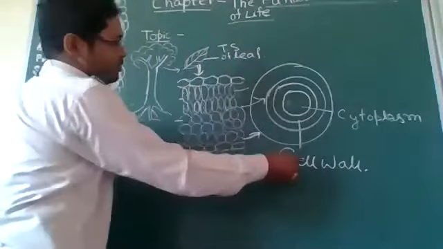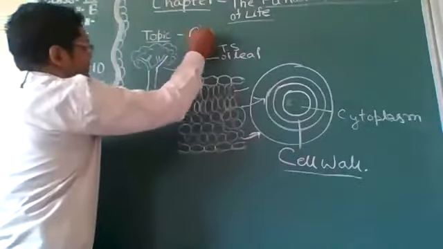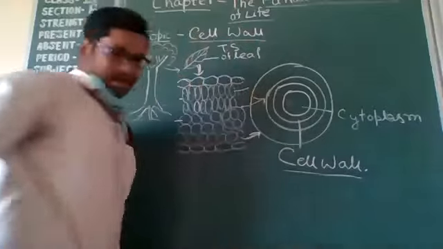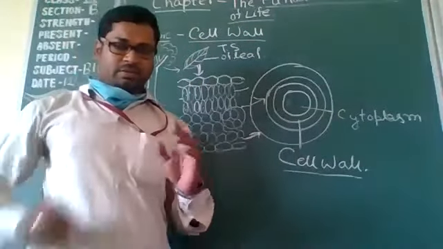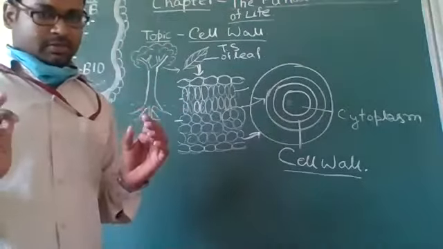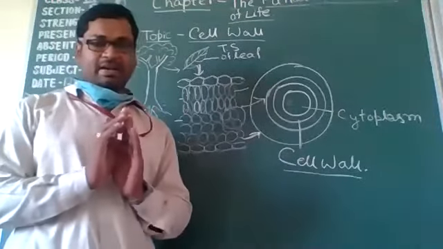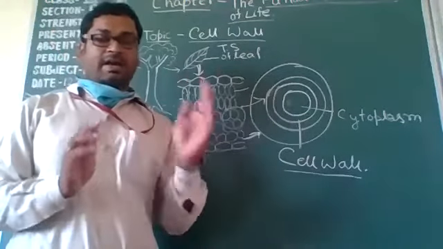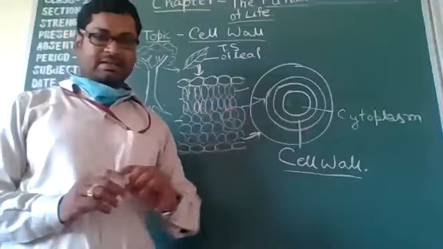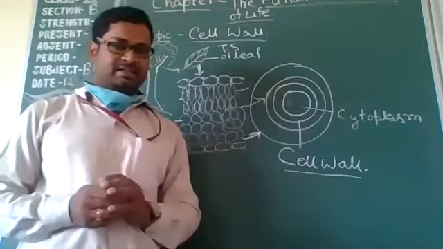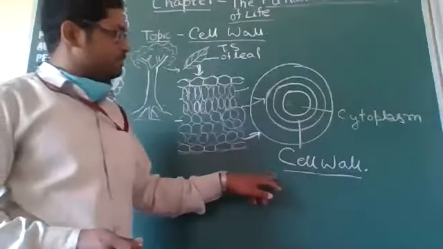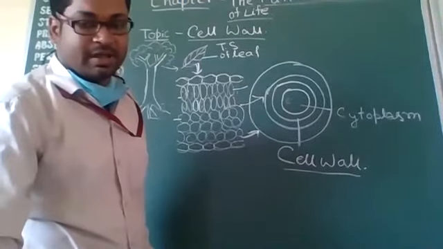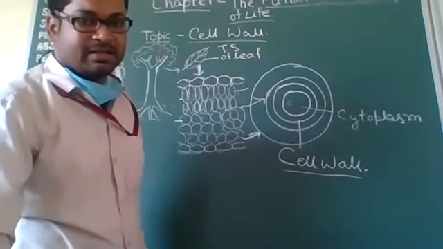So today our topic is cell wall. In the previous class I already told you, when we study any organelle, you have to understand where it is present, its functions and its structure. So where is the cell wall present? It is present outside the plasma membrane of the cell.